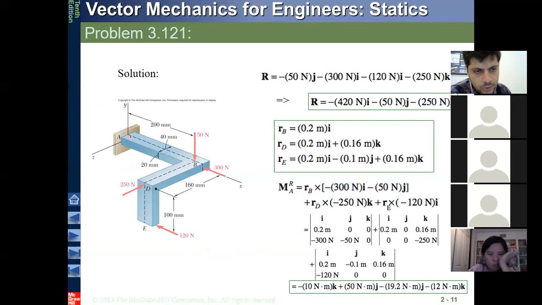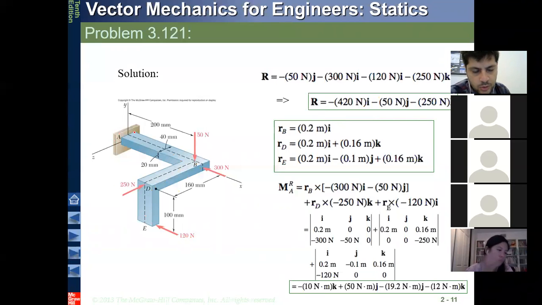So if you choose AB along X direction and Z along BD direction, then the 300 Newton force is in the X direction, which would be minus 300 Newton i, minus 50 Newton in the Y direction, minus 250 Newton in the Z direction, and minus 120 Newton in the X direction. So we can easily calculate the resultant of these forces.